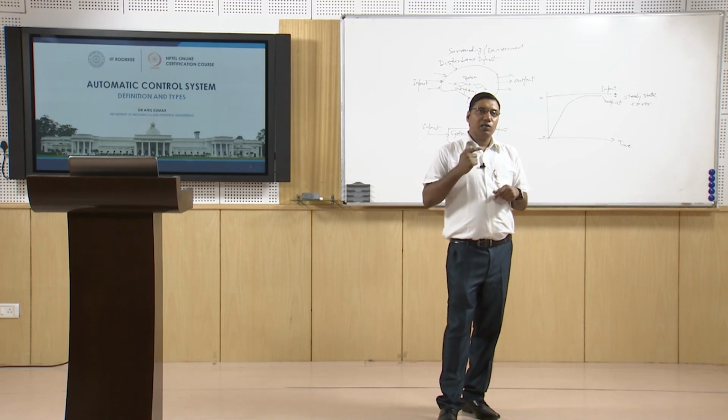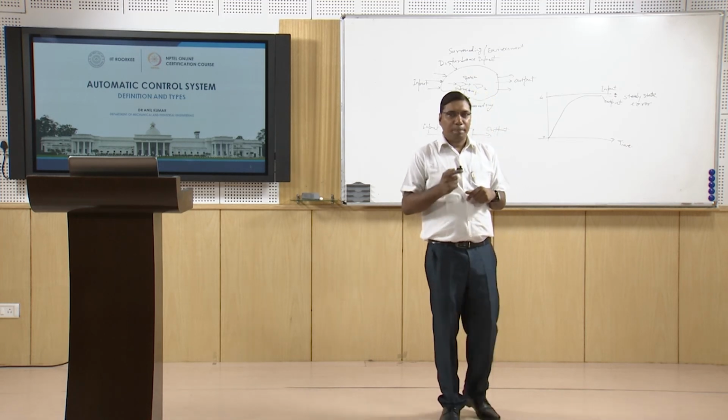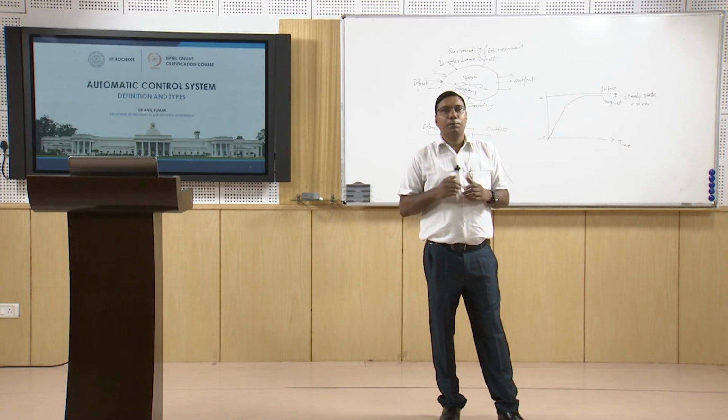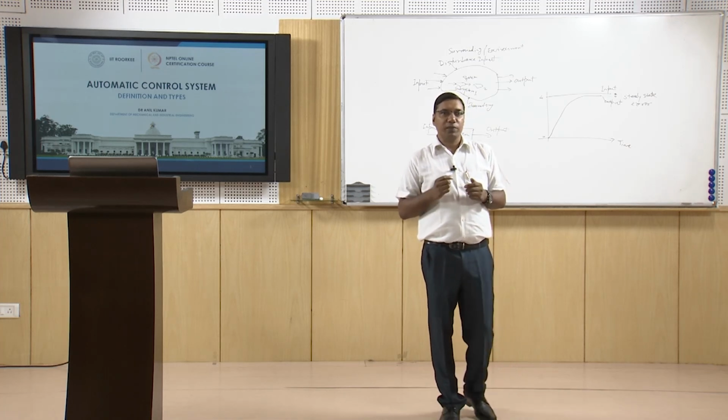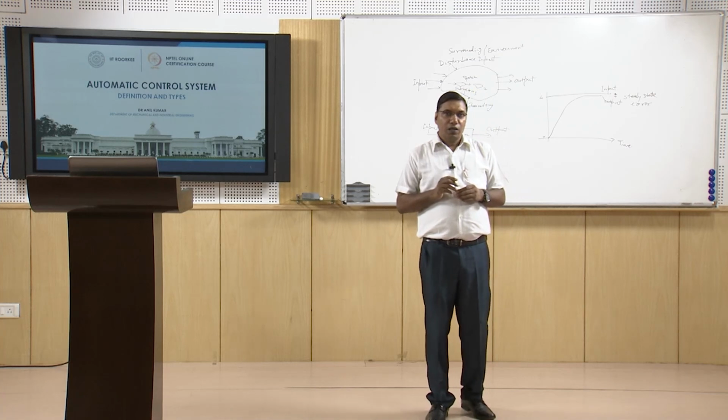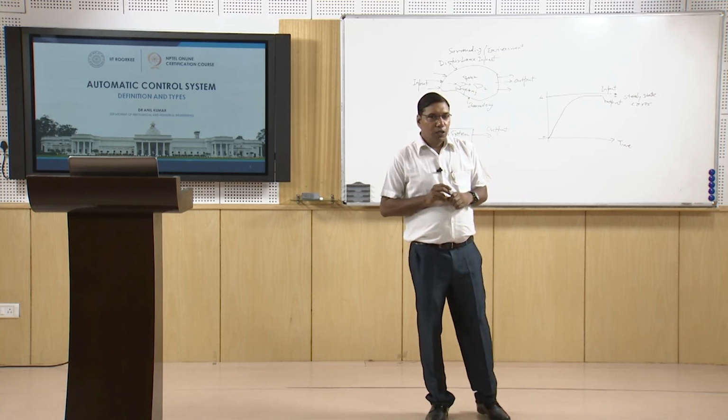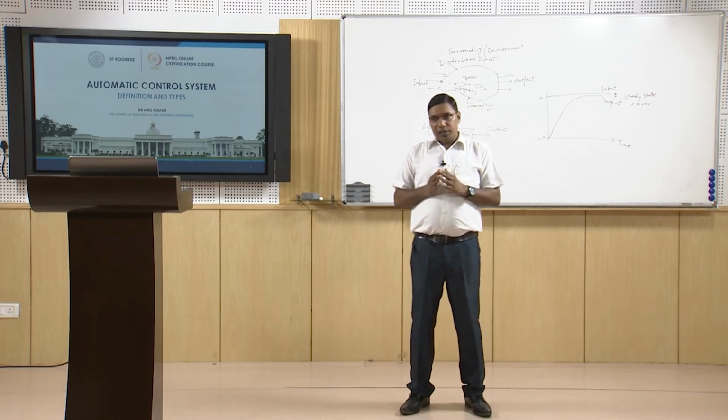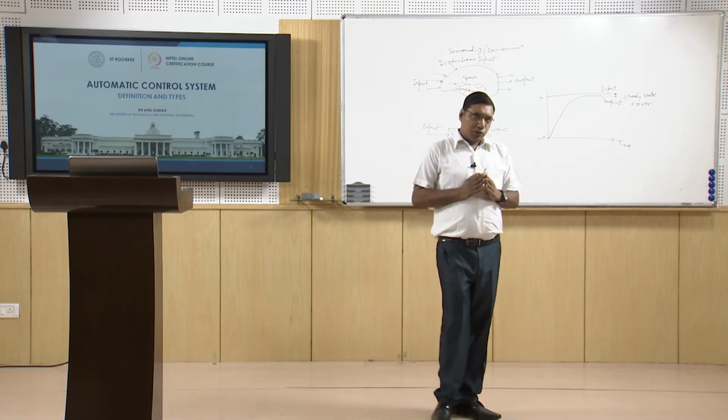So it continuously takes the feedback whether it has reached that temperature or not. It measures the room temperature and compares it to the output. So an air conditioner is a closed loop system.